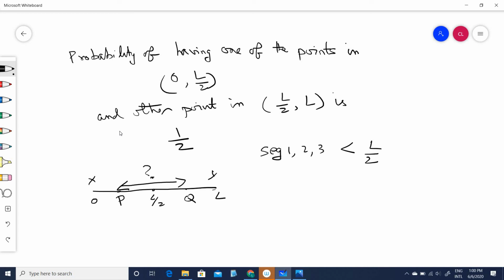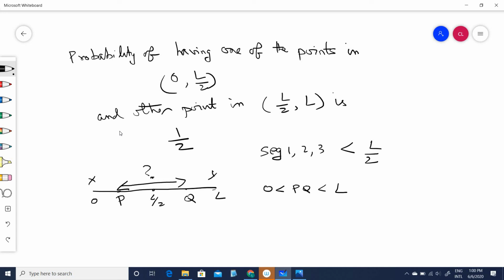But we do know that PQ can be anything between 0 and L, that is 0 is less than PQ is less than L. Why is that? Because P and Q could have been right next to each other here, or they could have been all the way separated close to L. Now we know that this is kind of uniformly distributed because these points are at random.